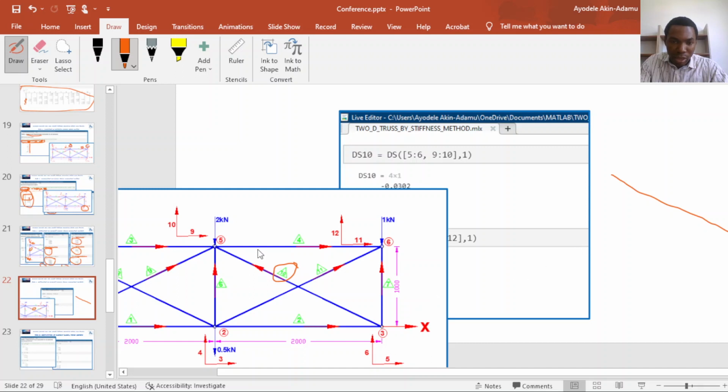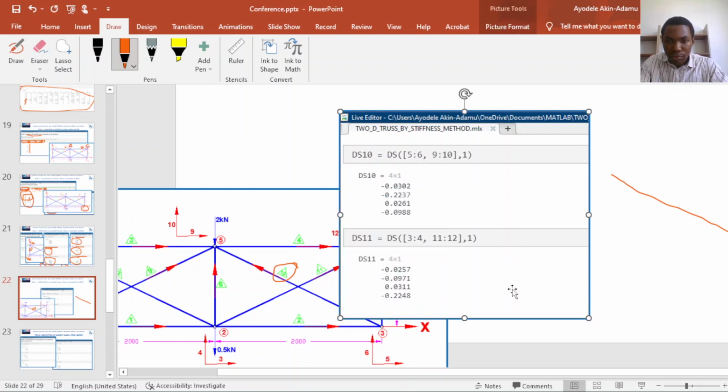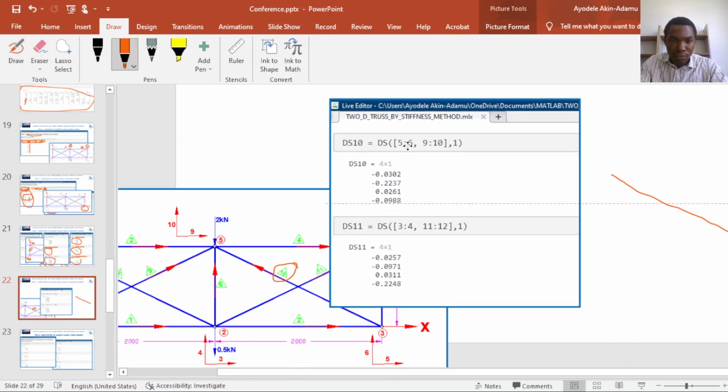At node 3, this is the displacement quantity.